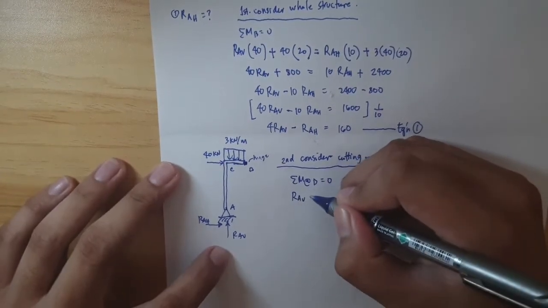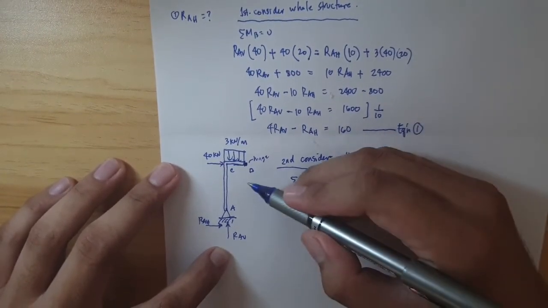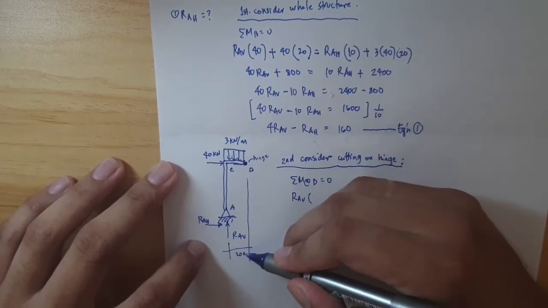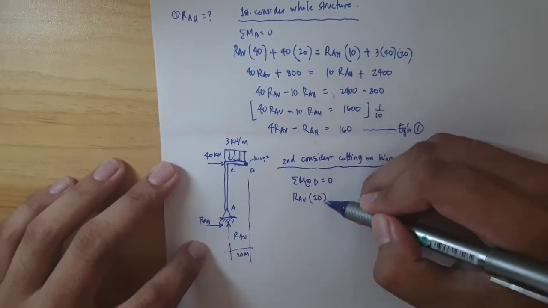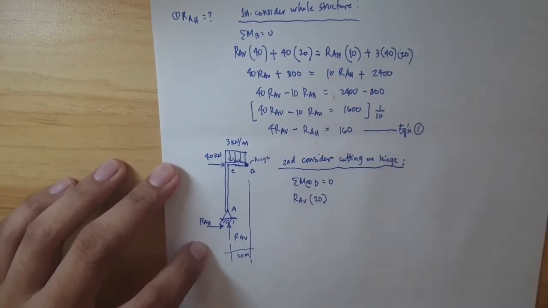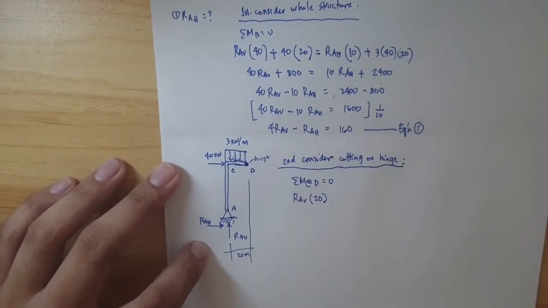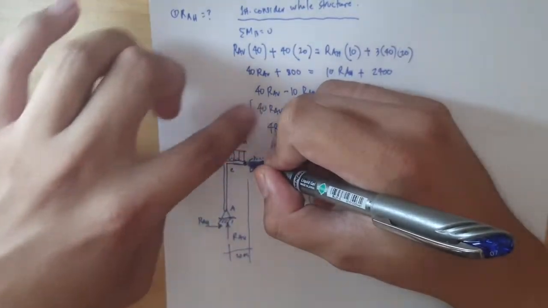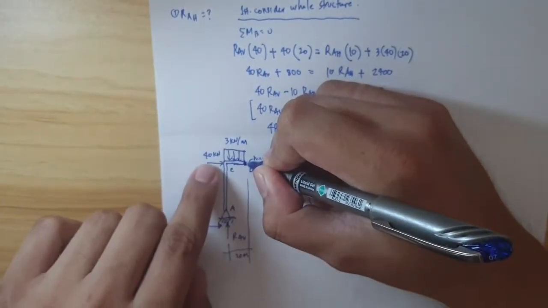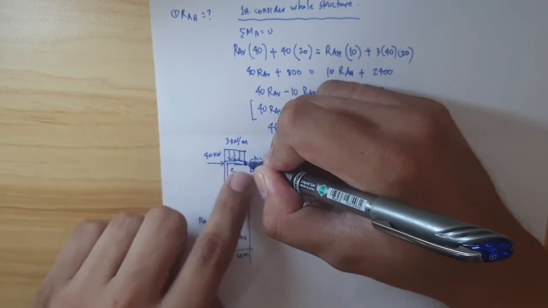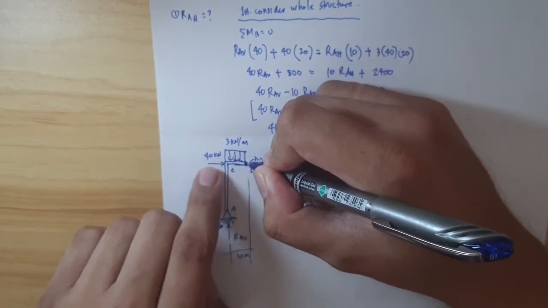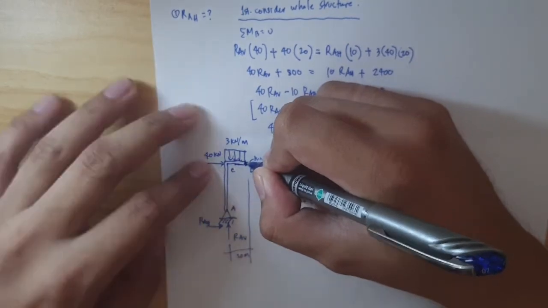RA vertical times pila distansya ni? 20 meters times 20, napabaylaing clockwise, wala na, no? Wala na. Kani counter, kani collinear, so dili ka makasama po moment using this force.